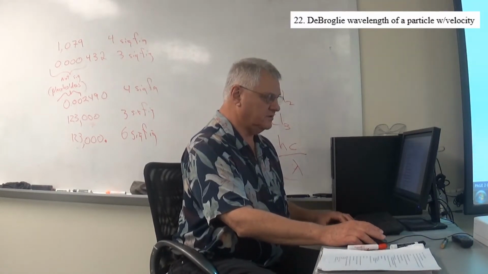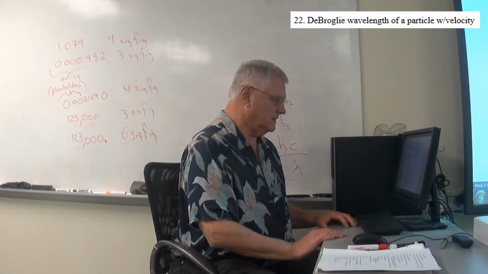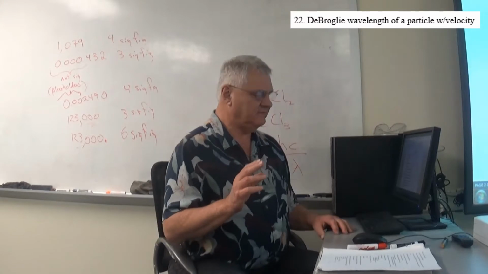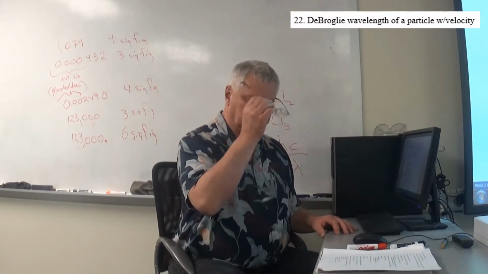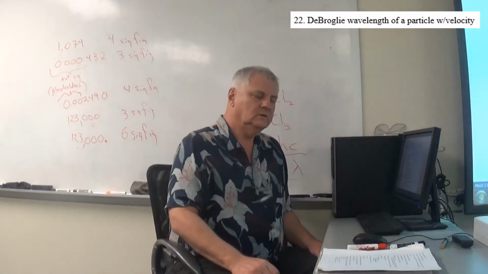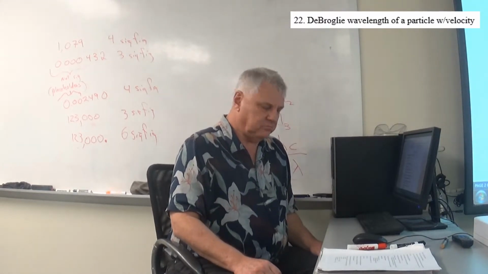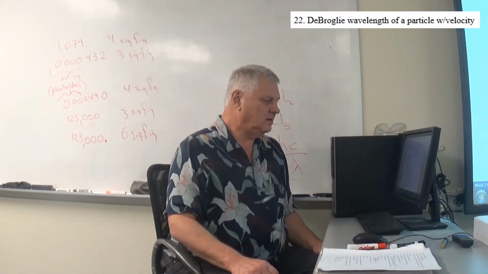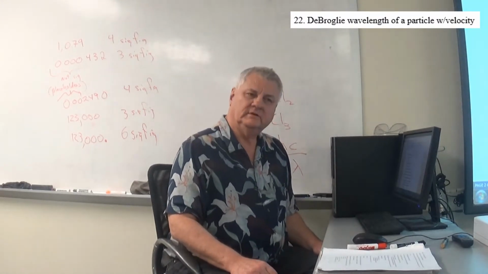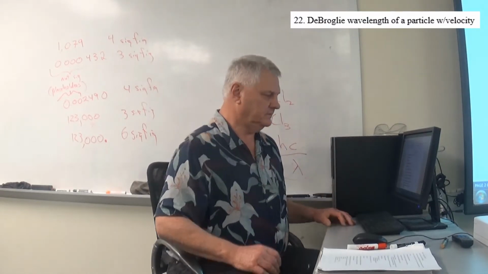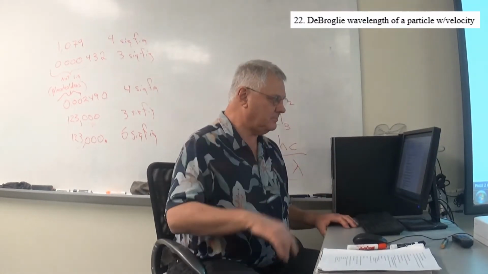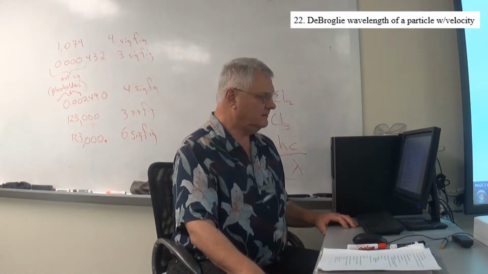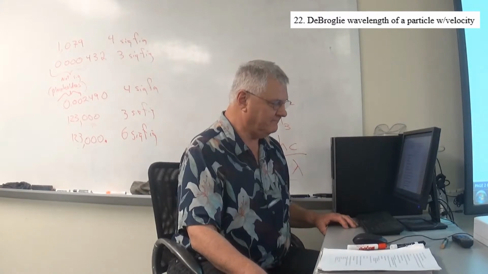Now, de Broglie reasoned that if there were particle properties for electromagnetic radiation, in addition to wave properties, well, particles that have mass might also have wave properties in addition to particle properties. And he actually came up with the equation that enables you to determine the wavelength of particles that have mass.